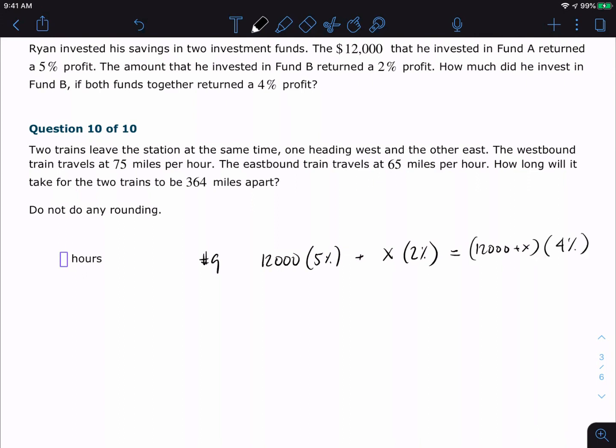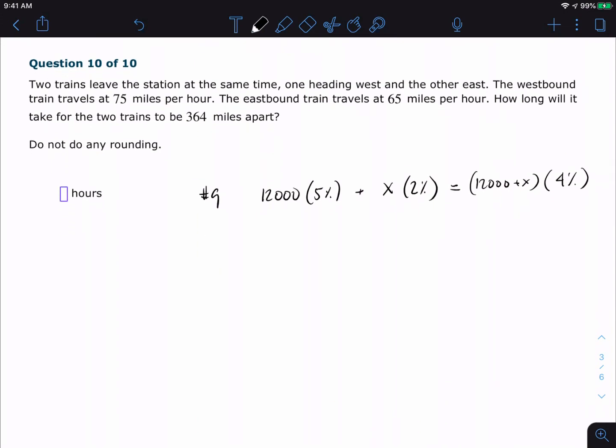Does that make sense? Now we want to see if we can find out what x is. And we can. We're going to change the percentages to actual decimals. So 5% is 0.05, right? This next one is going to become 0.02x.